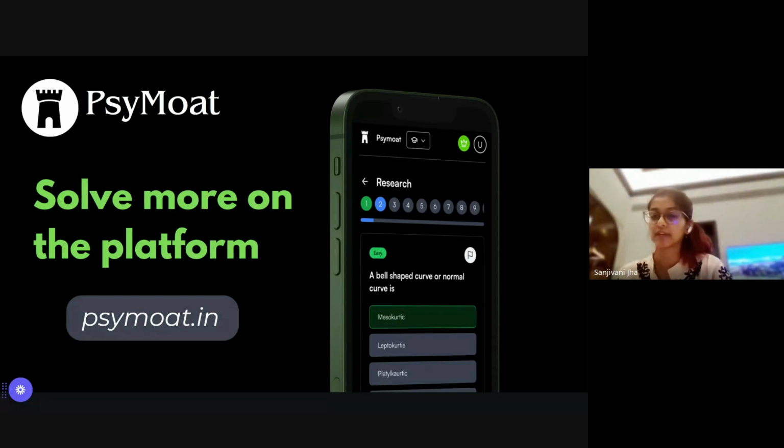And if you have memory related problems, you're finding it hard to recall and everything, I would just recommend that in the last few days, do not read anything new or build up on new concepts. Just try to rehearse what you already know. And for that, revision sheets are really nice.